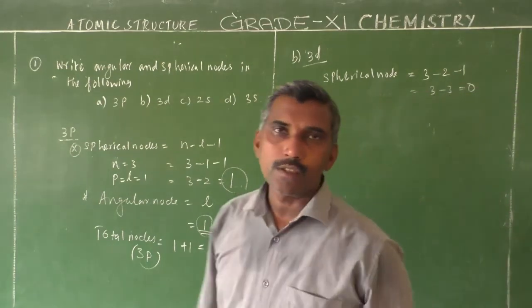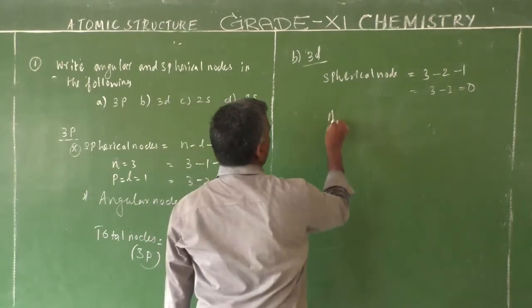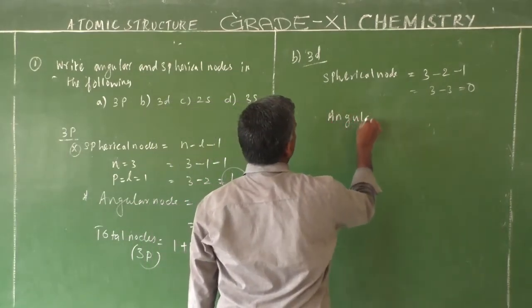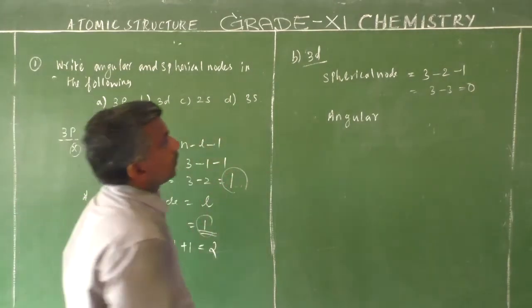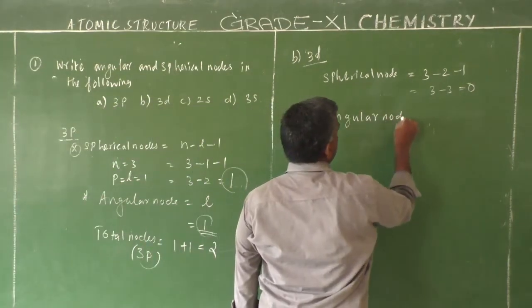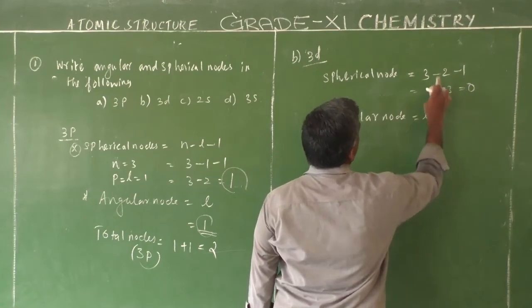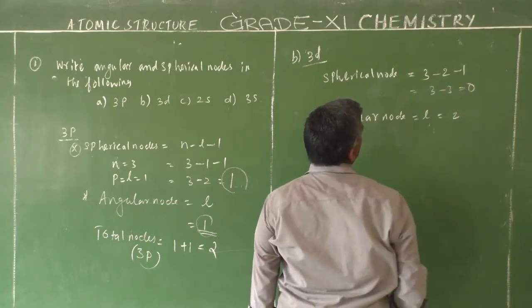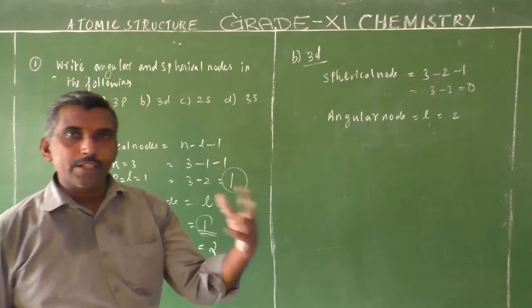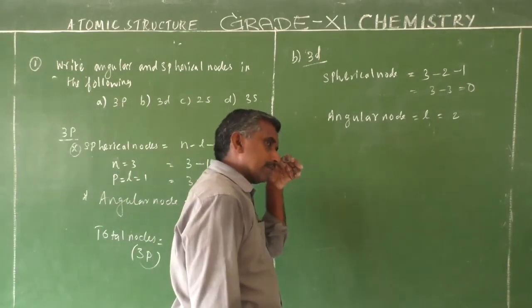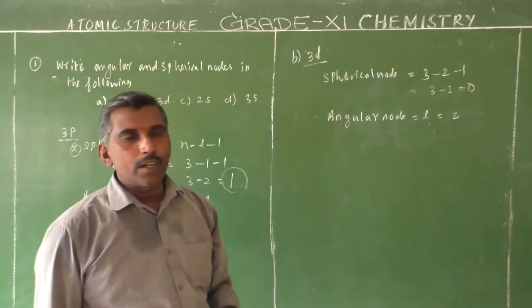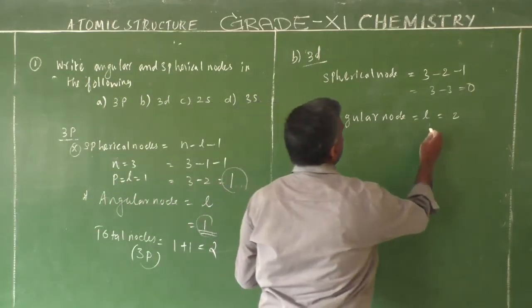Angular node is the l value, which is 2. l equal to 0 is s, l equal to 1 is p, l equal to 2 is d. So the angular node is 2.